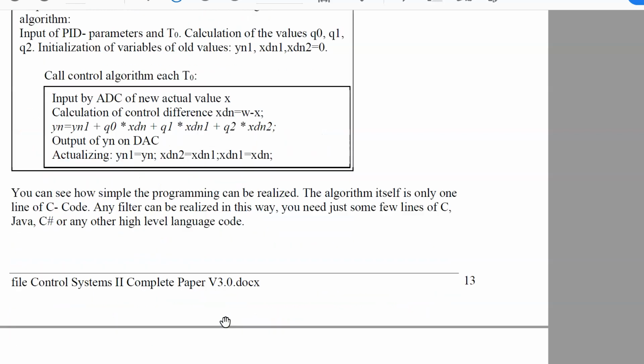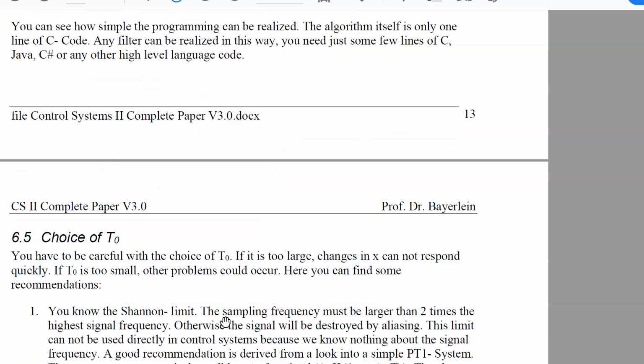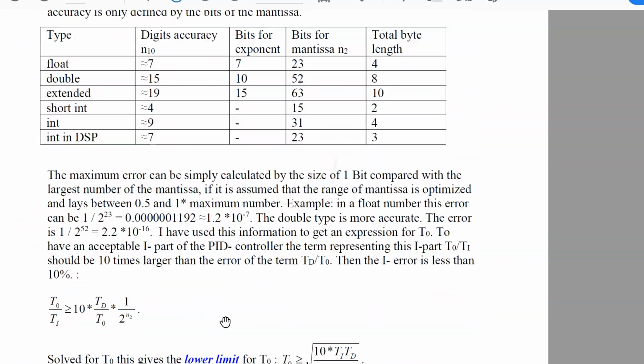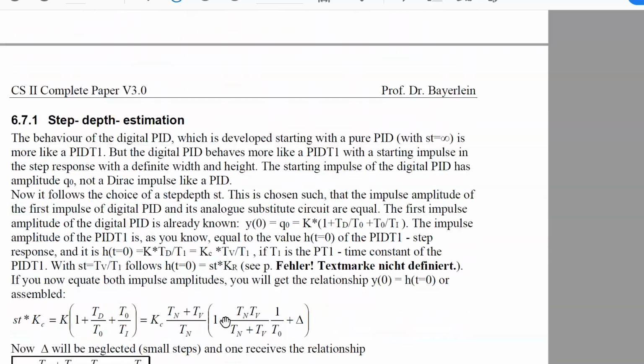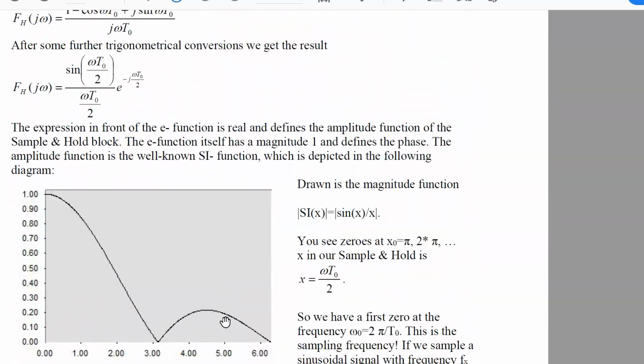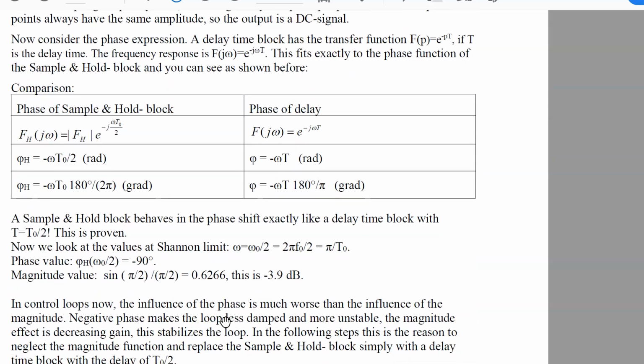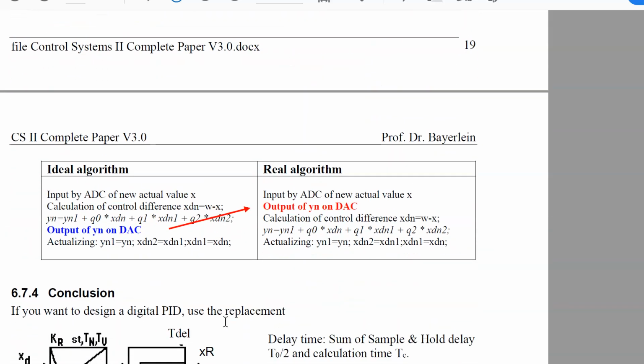This is described on a page deeper in my paper, in chapter 6.7.3, and here you can see what I mean. In the ideal algorithm, you make it as fast as possible. In the real algorithm, you just shift the order of the commands in such a way that the output of the DAC is done before you calculate the new value.